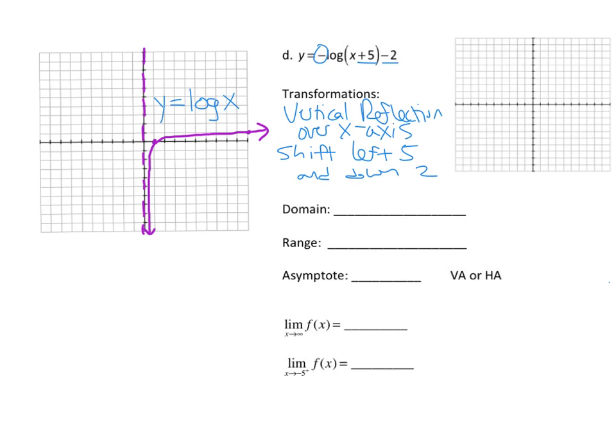So I am going to start by moving my asymptote. Since we're shifting to the side, left 5, I'm going to first shift my asymptote left 5. And we are also moving down 2. So my new starting place, if I moved the origin left 5 and down 2, is right here.